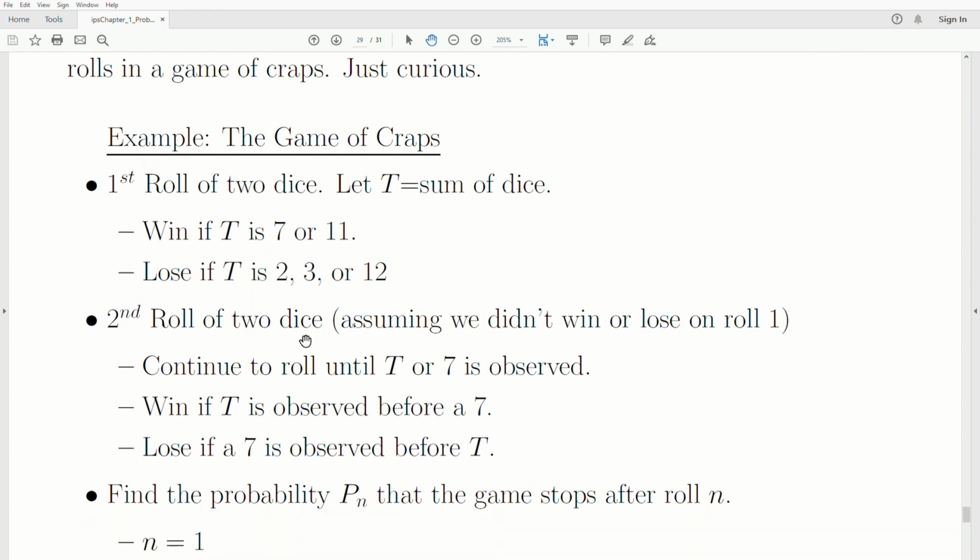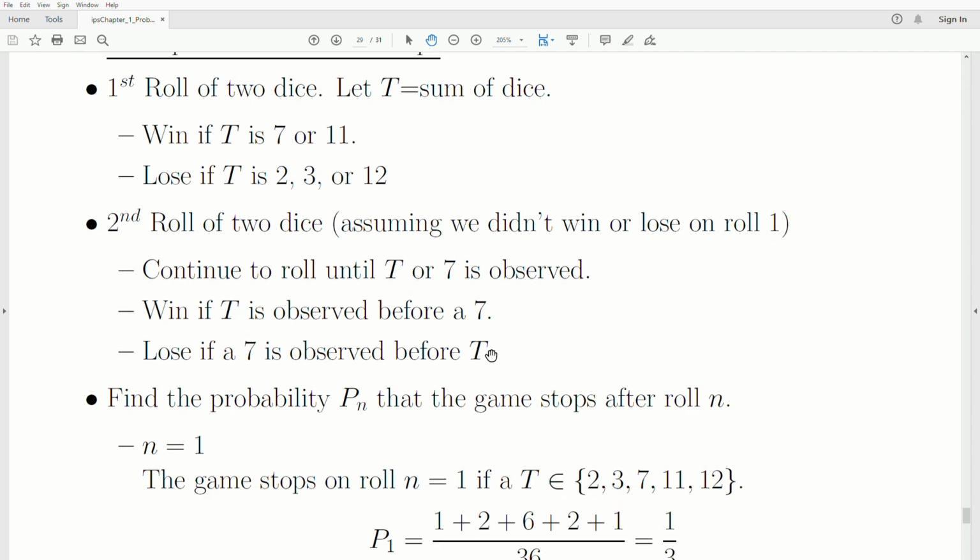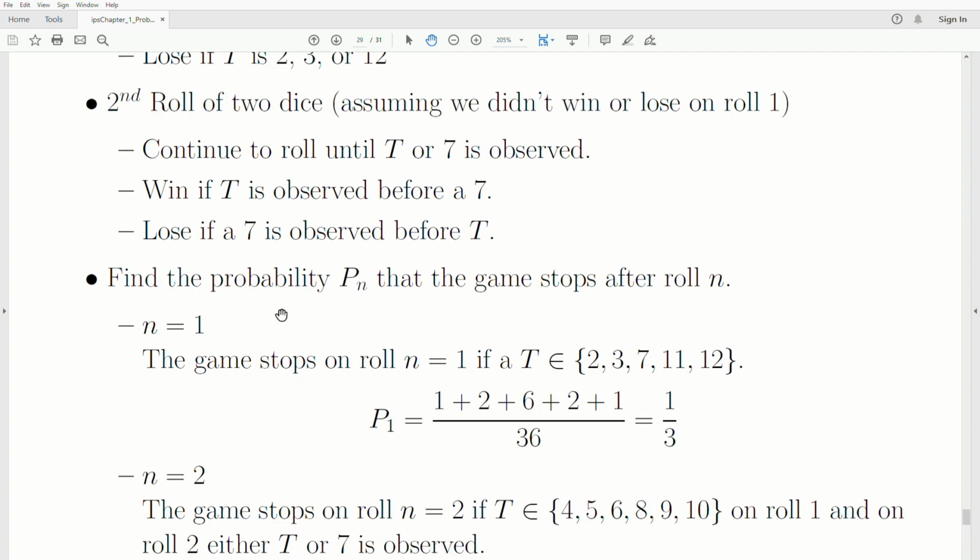We pick up the 2 dice and roll them, and we continue to roll until we observe our point or a 7. We win if the point is observed before a 7, and we lose if a 7 is observed before the point. And the point, again, is the first number that we rolled.